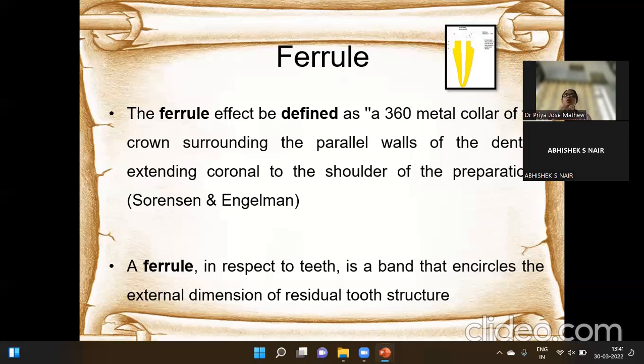So a ferrule, with respect to teeth, is a band that encircles the external dimension of residual tooth structure. To simplify, to give a crown, you require sound tooth structure. So when you attempt a crown in this situation, the post and core is not a solution for these cases. We have to have sound tooth structure.